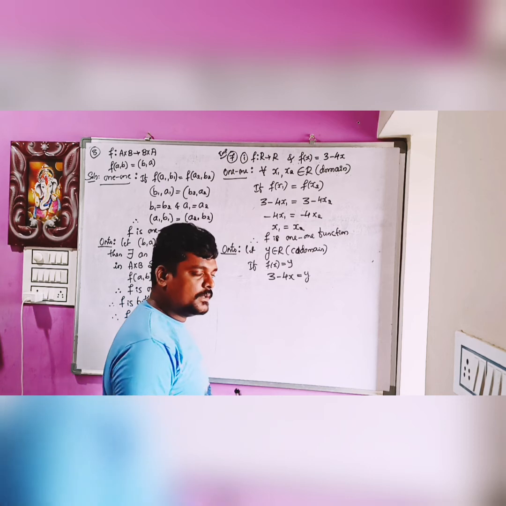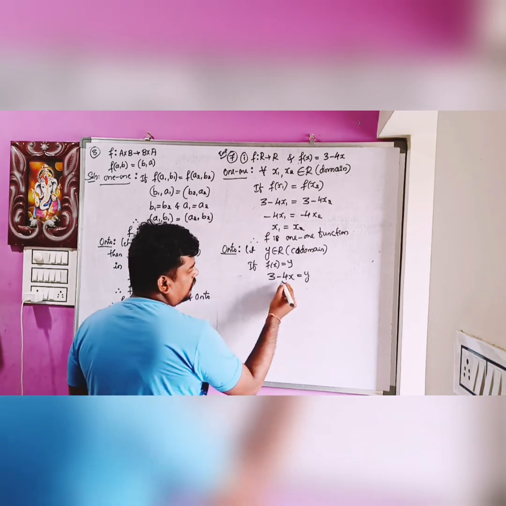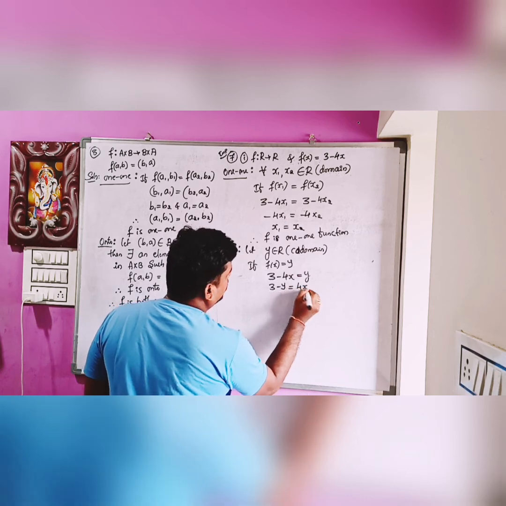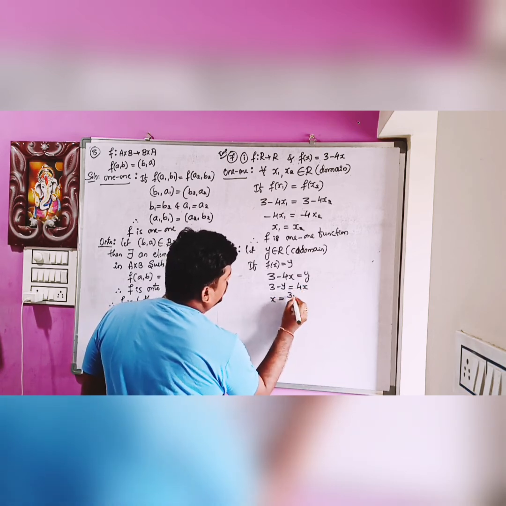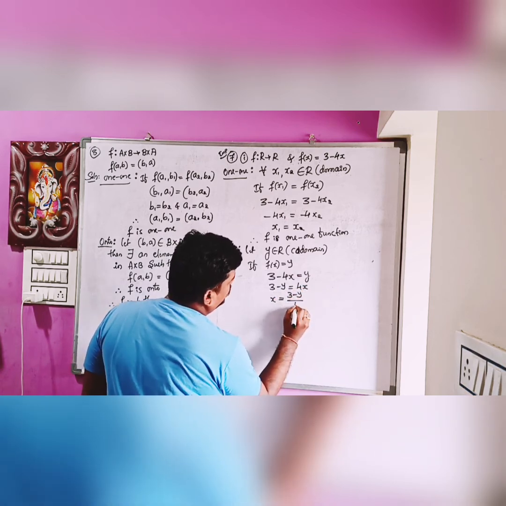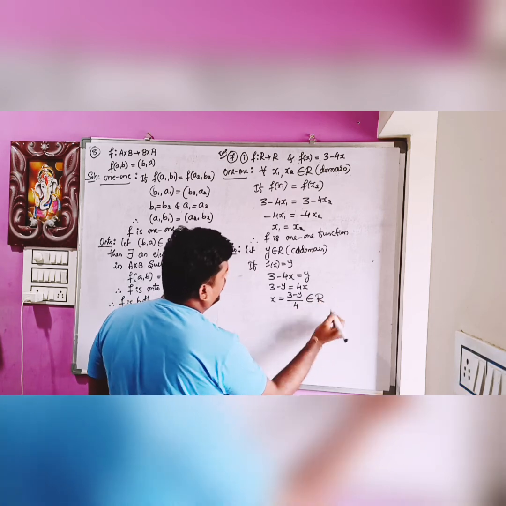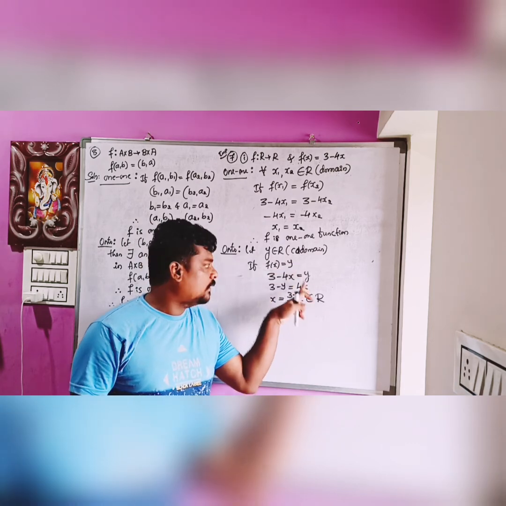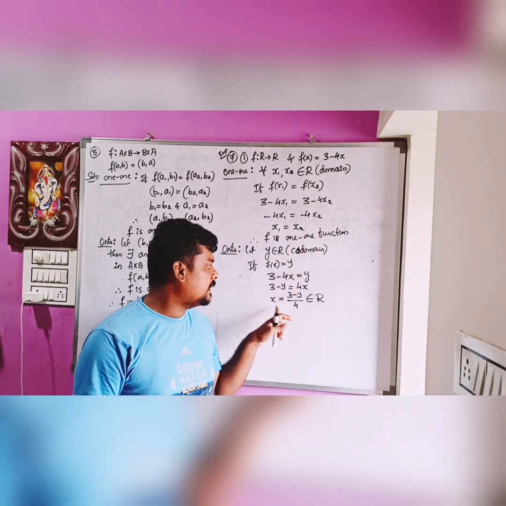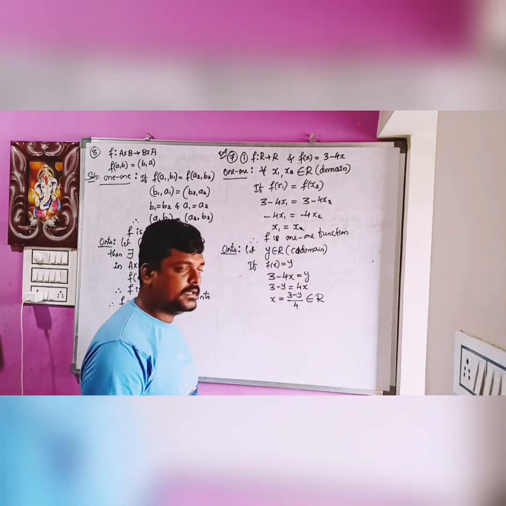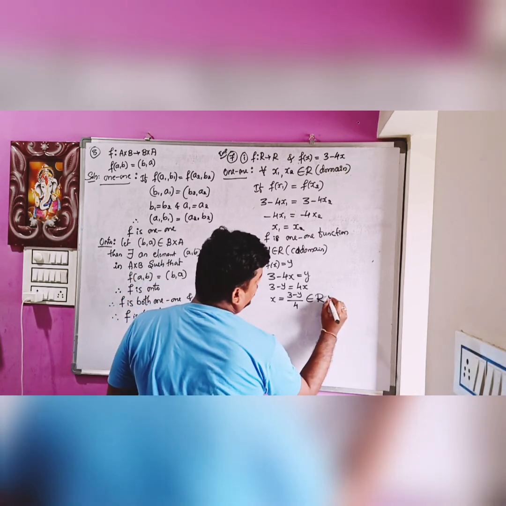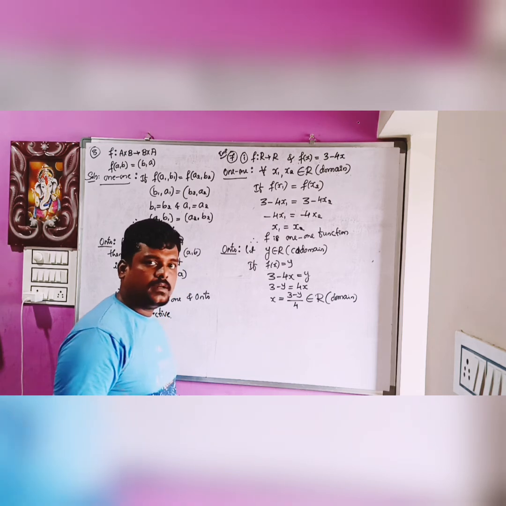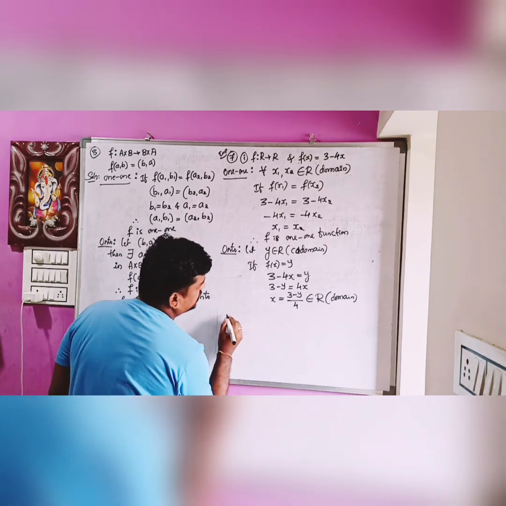What happens if you solve it for x? If you shift, 3 minus y is equal to 4x, means x is equal to (3 minus y) by 4. Is it a real number? Yes, it is a real number. For any y belongs to R, there exists an element x belongs to R in the domain. So we can say it is an onto function.